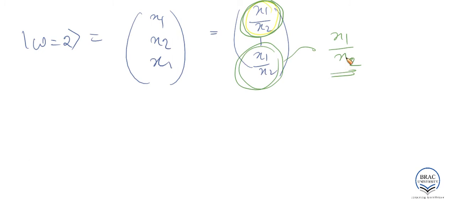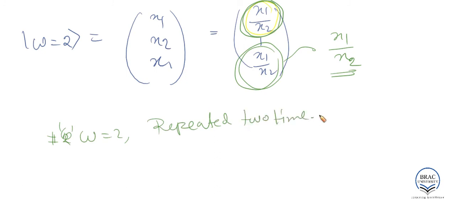So clearly, each distinct choice of these ratios gives us a distinct double of orthonormal eigenvectors with eigenvalue 2. So here we have omega equals 2 repeated 2 times, and we call it a 2-fold degeneracy.